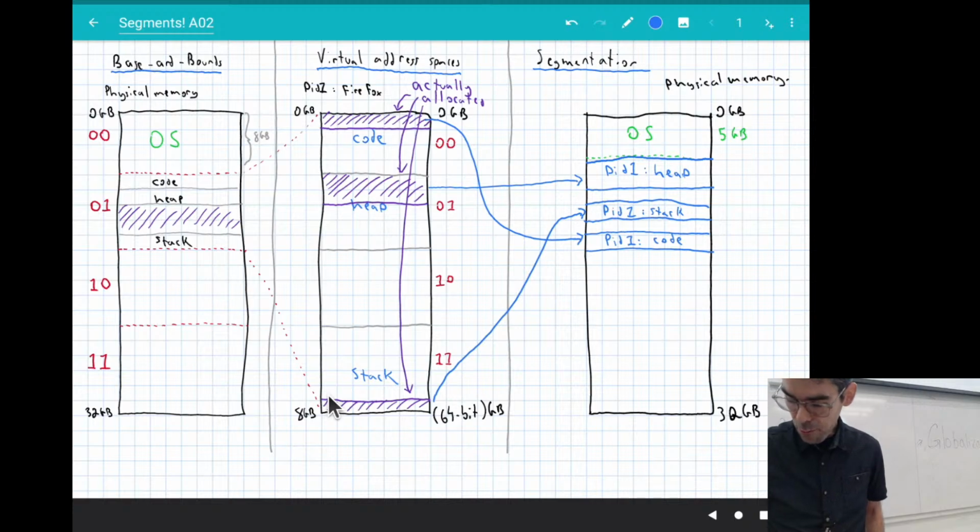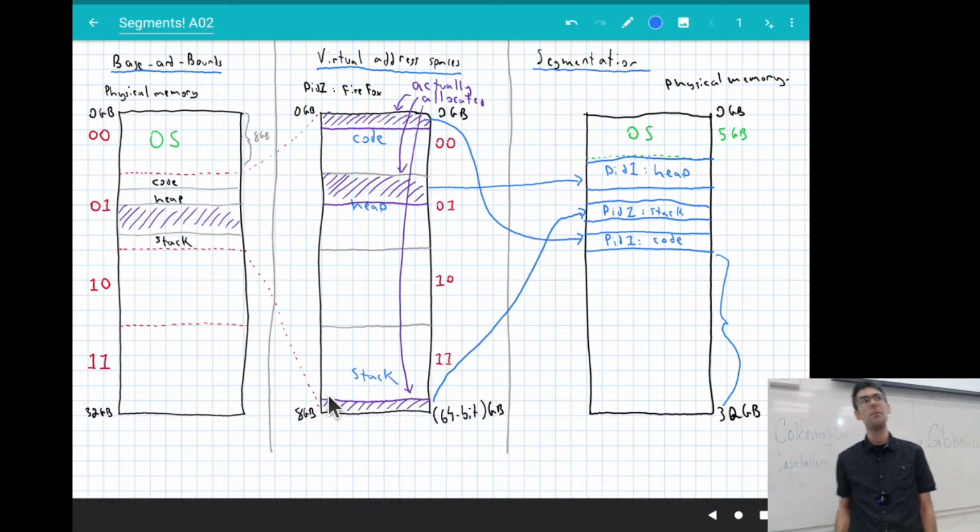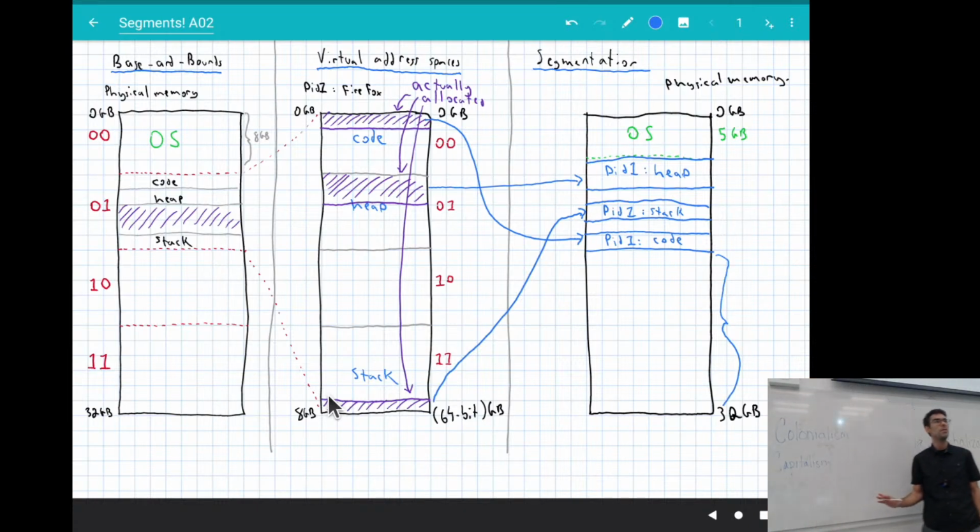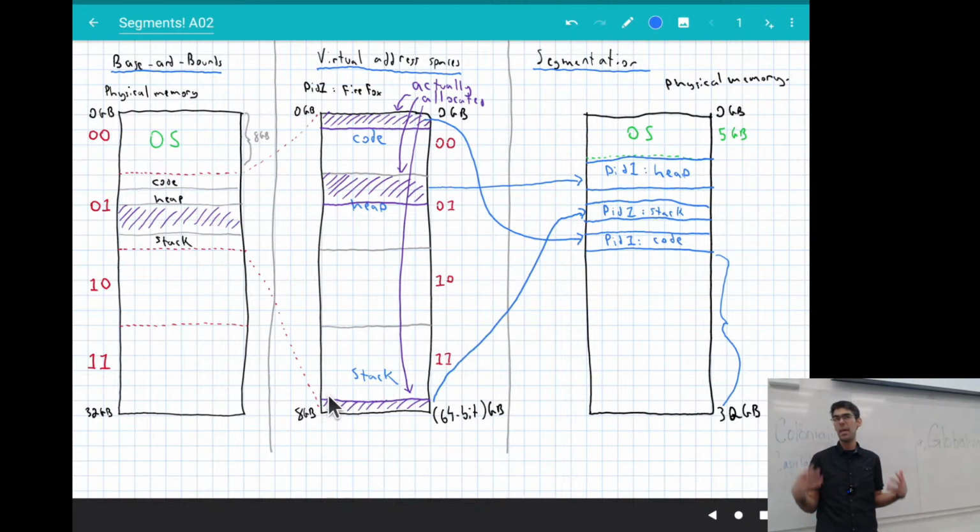Now, this really importantly leaves a huge chunk of free space into which we can put other processes. And so now we're not limited to just having 3 processes in this system. We can have as many processes as we can fit into physical memory once we've accounted for all the allocations that these different processes are using.